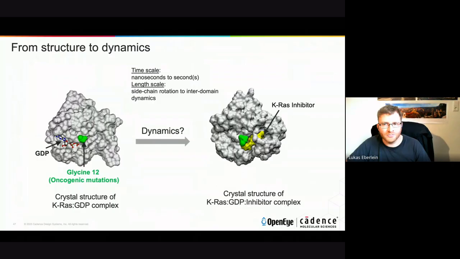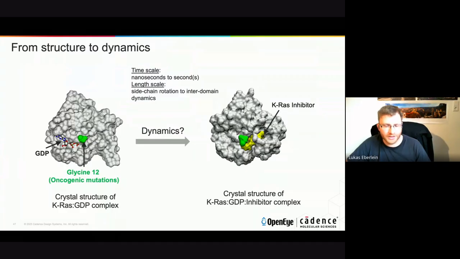The main difference is that there has to be some dynamics for this pocket to open, and the time scale is potentially quite long, up to seconds, which is far beyond what typical brute force simulations can do. And also the length scale is quite long. You have to move loops around, some interdomain motion and other things.